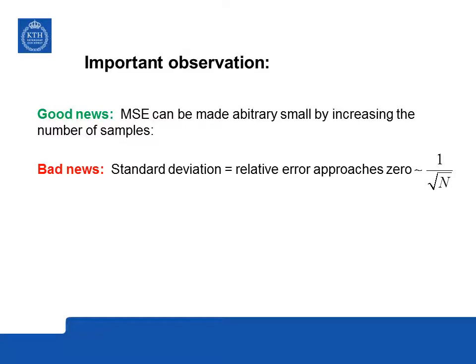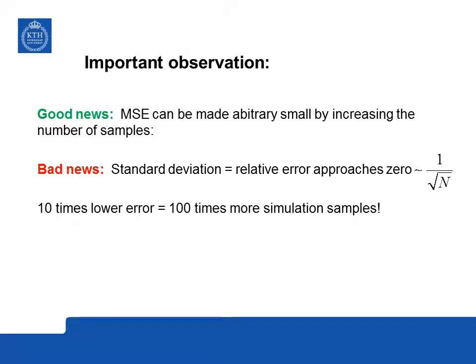The bad news is exactly the same. The standard deviation, although it approaches 0, drops only as 1 over the square root of n. And if you want 10 times lower error, we need 100 times more simulation samples.